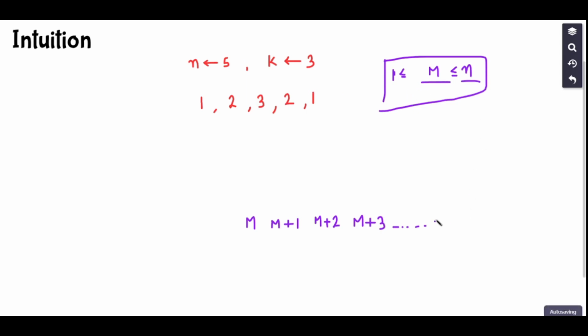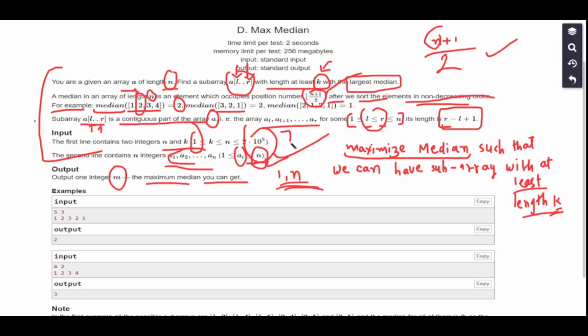Hence the upper limit would be n plus 1. We can never reach this point n plus 1. So I found the upper limit for the median to be n plus 1. That's why it is important to observe the constraints in the problem statement, because sometimes merely looking at the constraints gives us the solution.